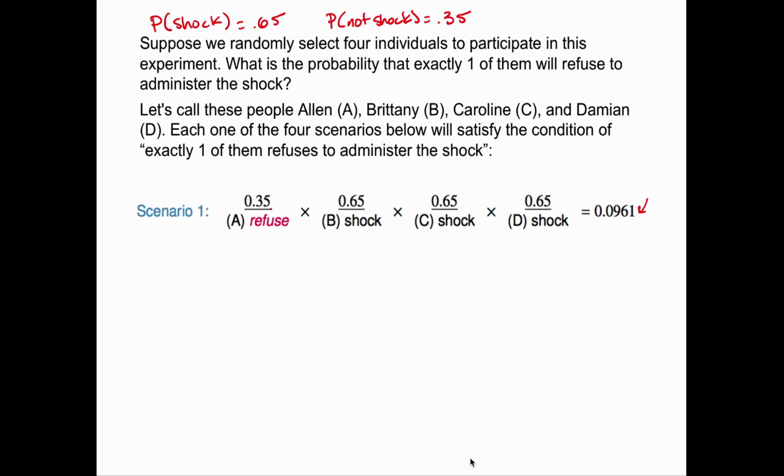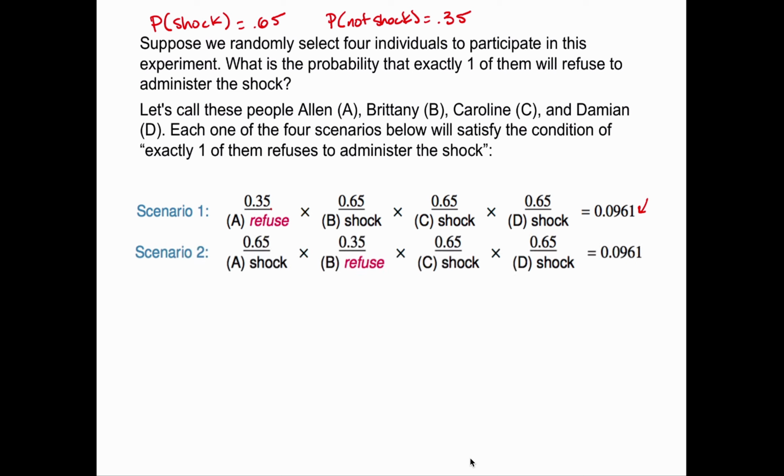So, scenario 1, Alan refuses and everybody else administers the shock. Scenario 2, Brittany refuses and everybody else administers the shock, right? And so Brittany, there's a 0.35 chance that Brittany refuses and a 0.65 chance for everybody else, and we multiply them together, and we get 0.0961 again, because multiplication is commutative, which means it doesn't matter what order we do it in.